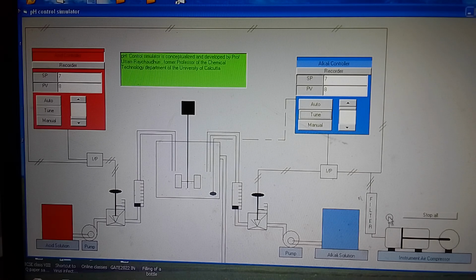Now you start with the automatic system. Before pressing auto, you adjust this set point. Say your set point is 7. So both the set points are 7 here. You can see.